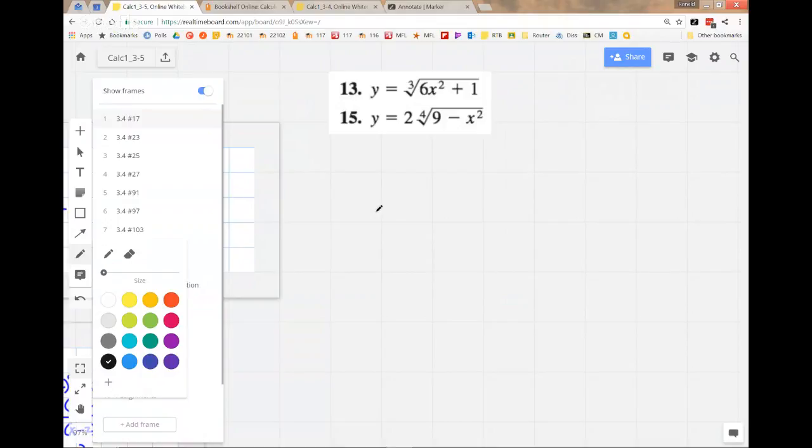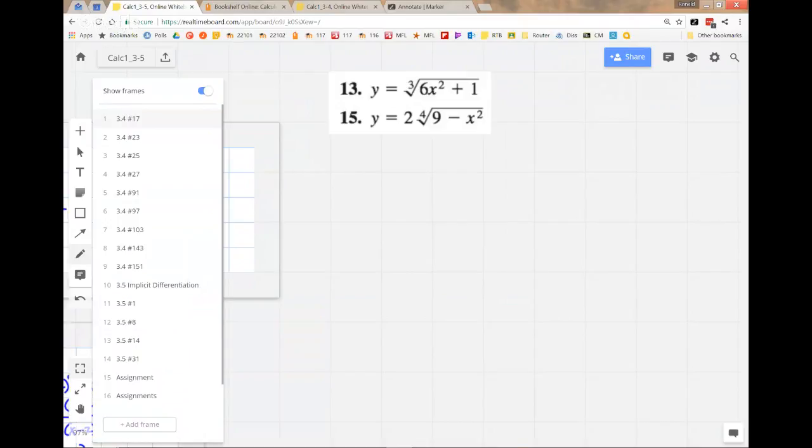So we've got the cube root of 6x squared plus 1. We should probably consider doing some rewriting here. So we could certainly write this as (6x squared plus 1) to the 1/3 power. And now when we take the derivative, we need to think outside the in.